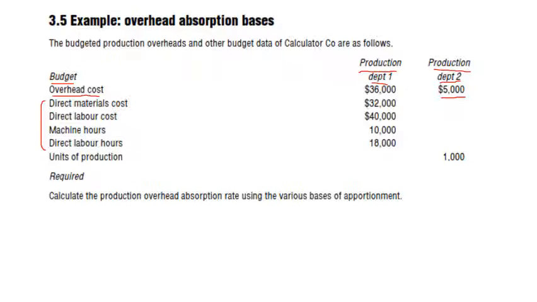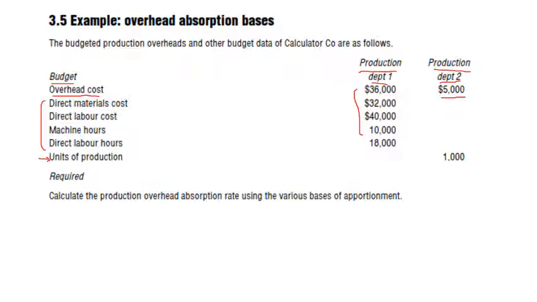In department 1 we have direct material cost basis, direct labor cost basis, machine hours, and direct labor hours. These are provided for department 1, whereas in department 2 we are only provided our budgeted FH as well as the number of units produced.